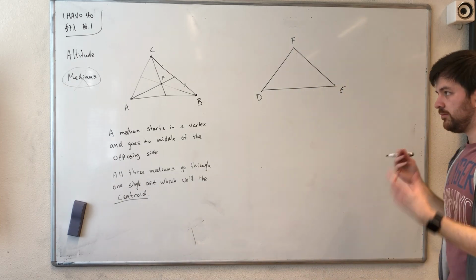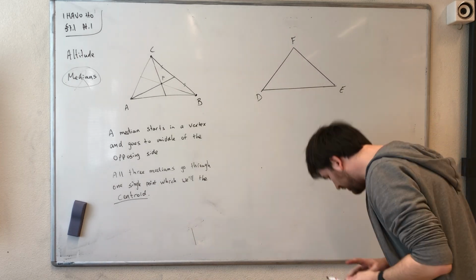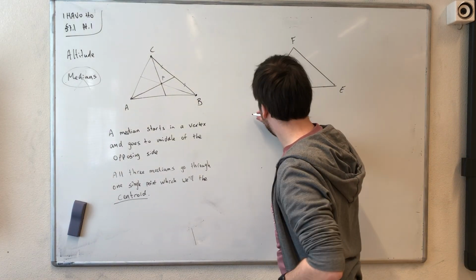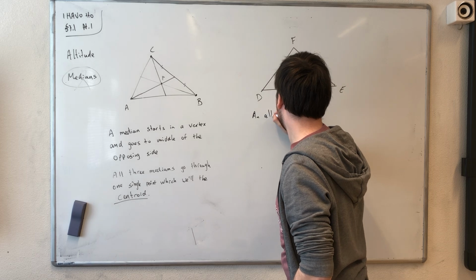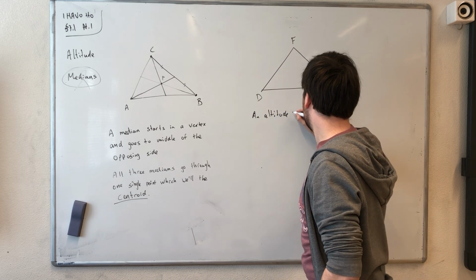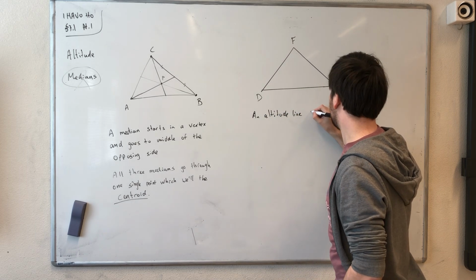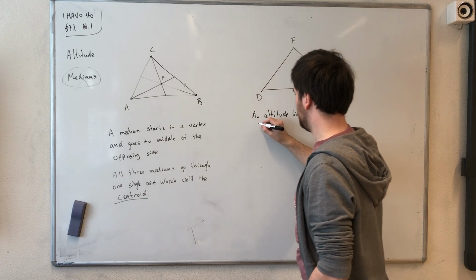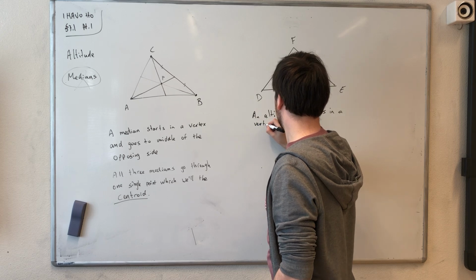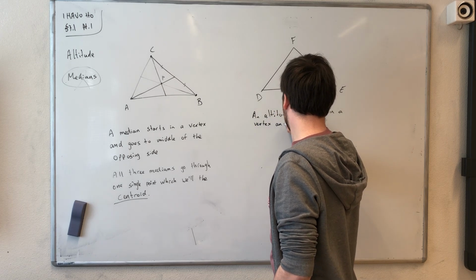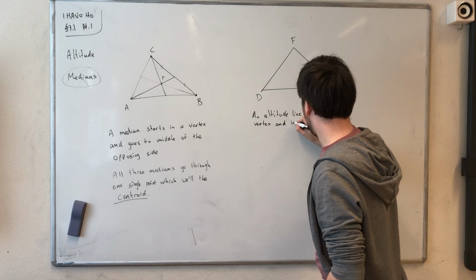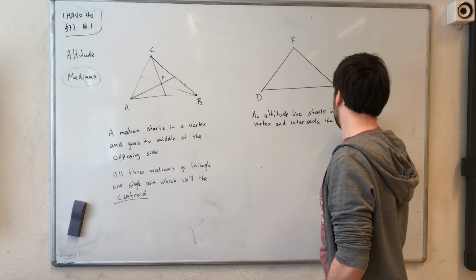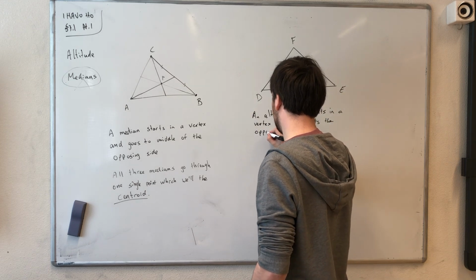And once again, before we start drawing the altitude lines, we're going to write down what they are. An altitude line starts in a vertex and intersects the opposing side.